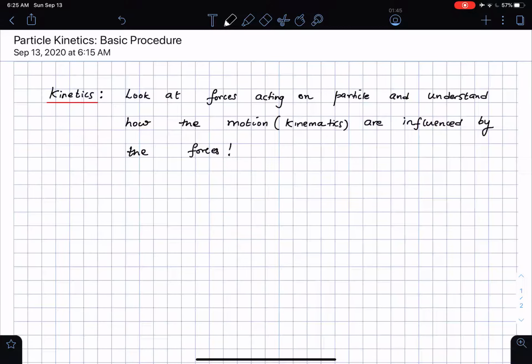Basic procedure for solving problems in particle kinetics.